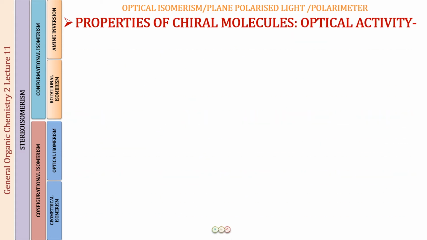So the chiral molecules have a property of optical activity, or we can say that the chiral molecules are going to be optically active molecules, or the chiral compounds are going to be optically active compounds.